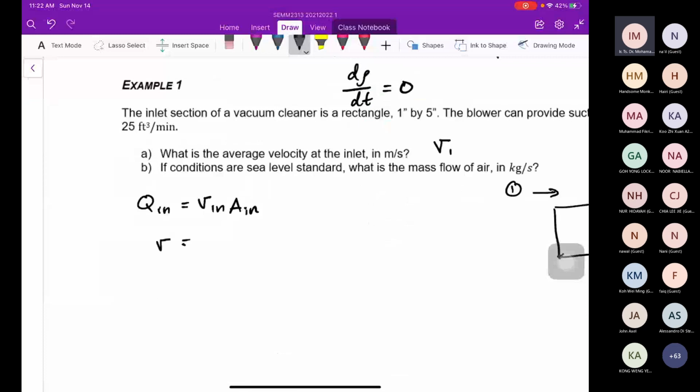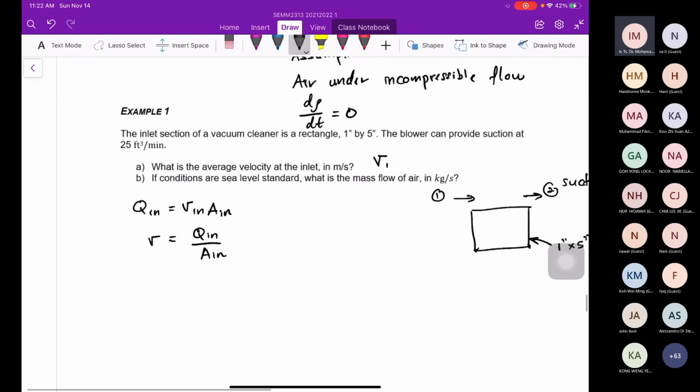So velocity equals Q in over area in. The area I can get as 5 multiplied with 1. The question asks in the unit of meter per second. So what should I do? I need to convert Q first. My Q, the blower can provide the suction.